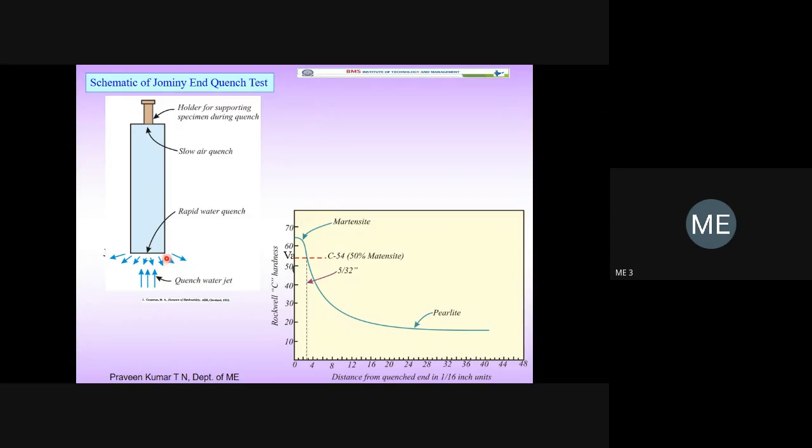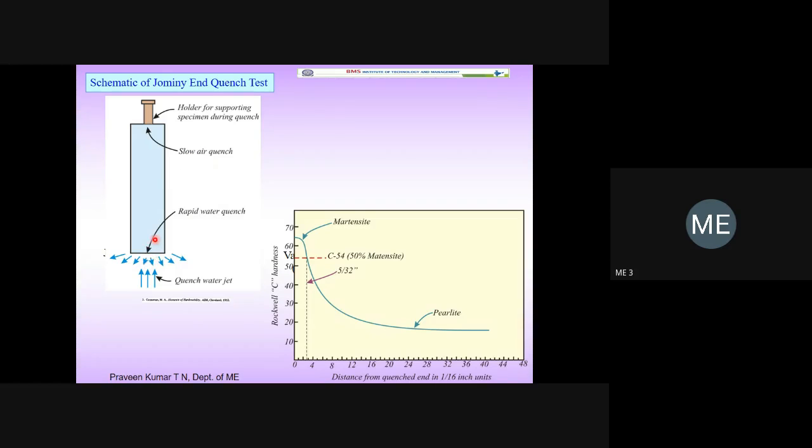But over a period of time, the specimen slowly cools from the bottom end to the top end. So at the top end the cooling rate is a little bit slower. At the bottom end the cooling rate is very fast, but at the top end the cooling is very slow. Because of the very slow cooling, it is referred to as slow air quenching.